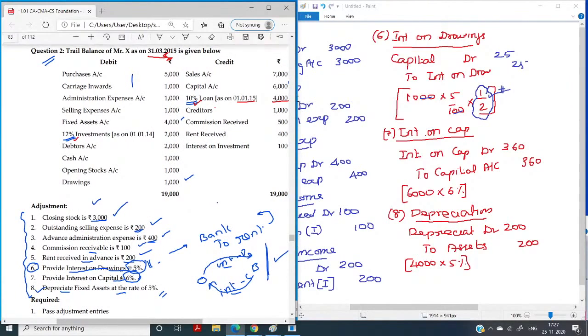Clear? So from this date to this date, how many months are there? 3 months. So this loan will attract 3 months' interest as per the year end. Let me write here.